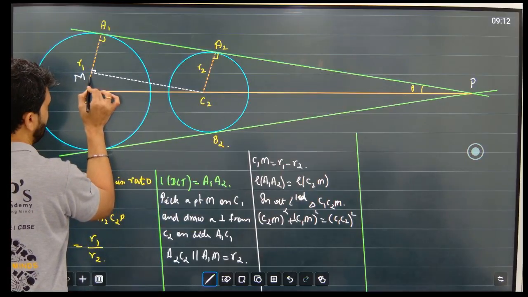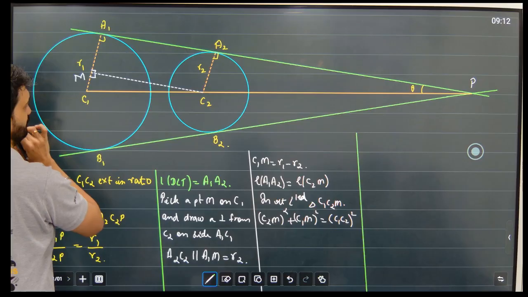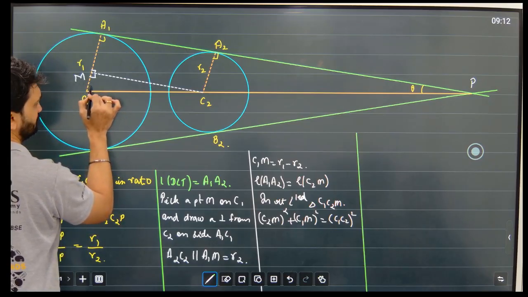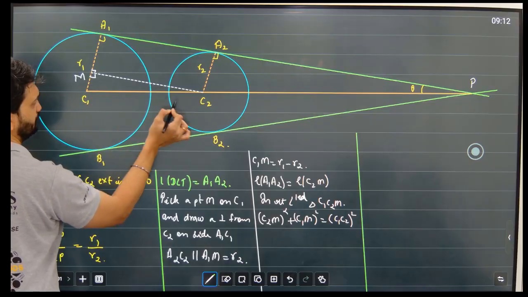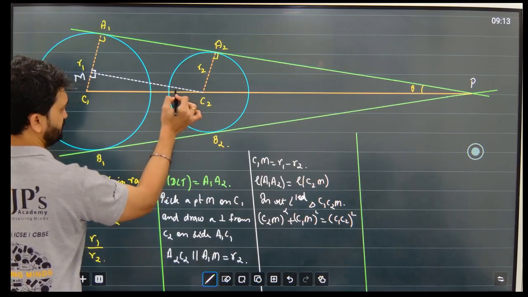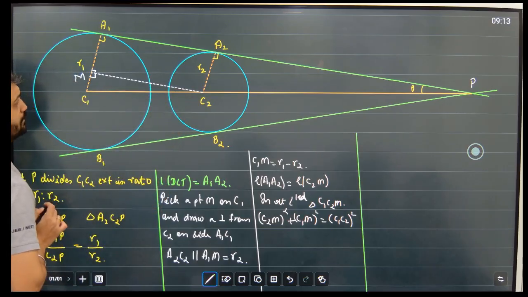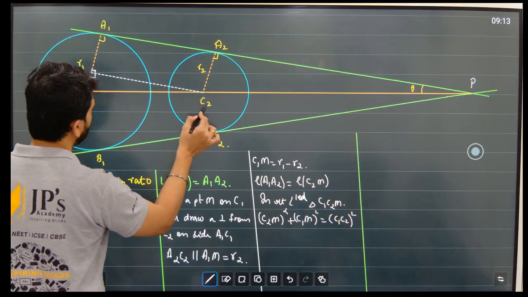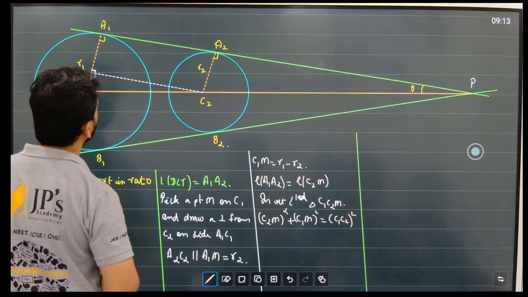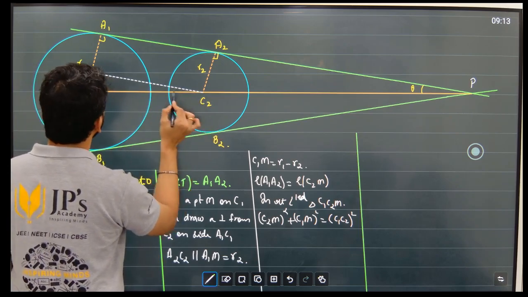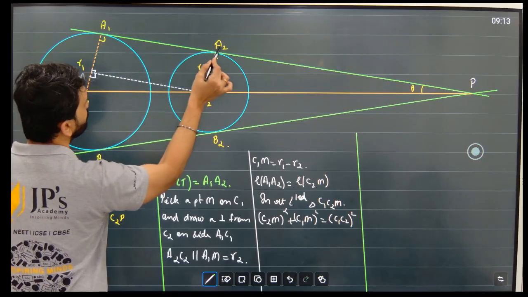This is 90 degree. This will be theta. Sure. पक्का. Here theta. I am asking you. C2 पे रहेगा, C1 पे रहेगा. M and C2 is parallel to A1 A2.